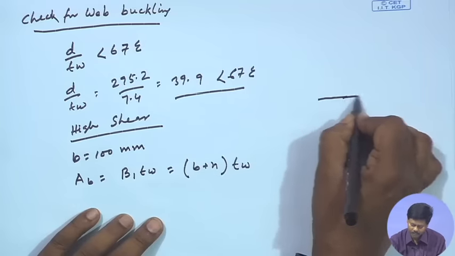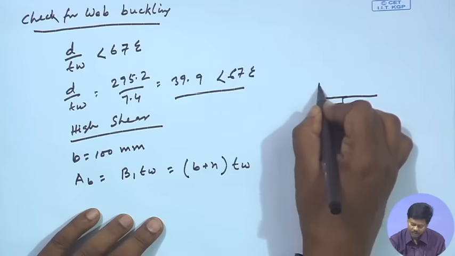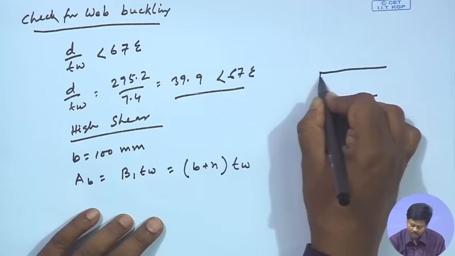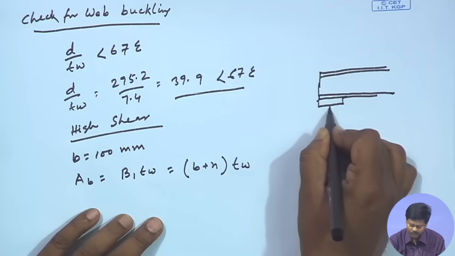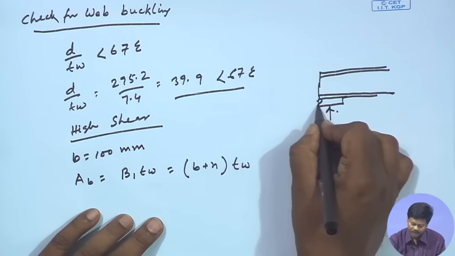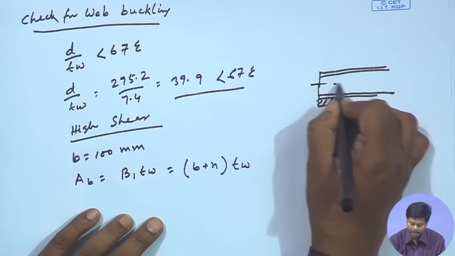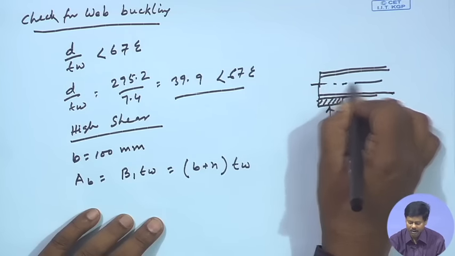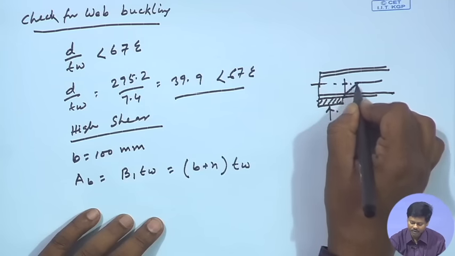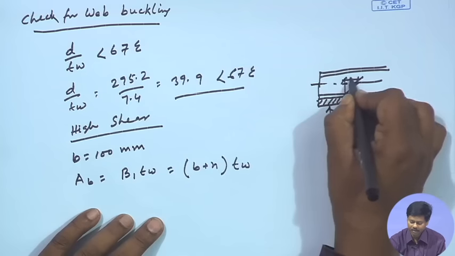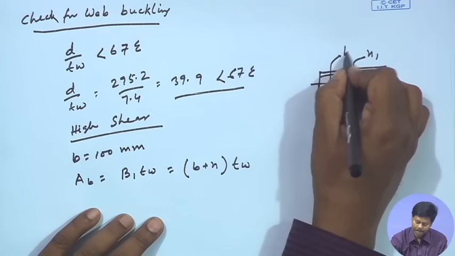So, if we see, if the support is here, say for example, this is the section. Now, we have the support and a bearing length of 100 mm is given. So, it will disperse at an angle of 45 degrees, and this will become n1, right, and this is b.